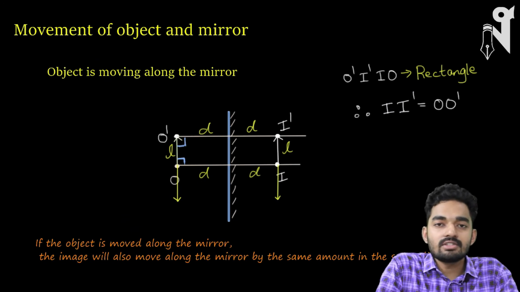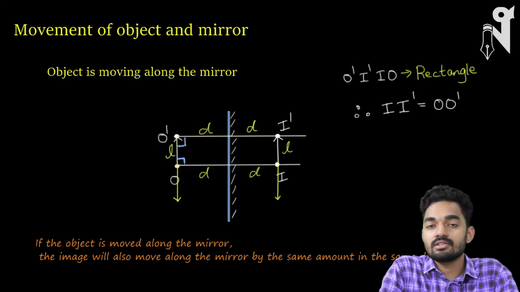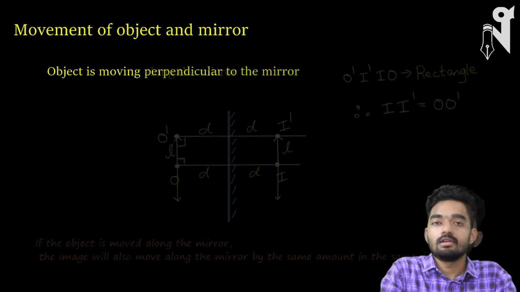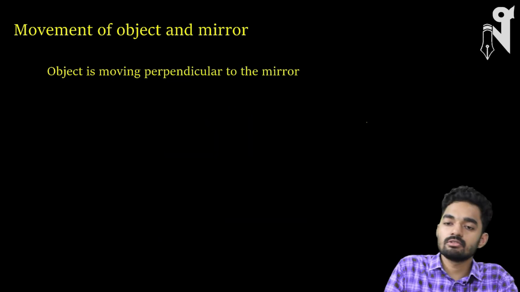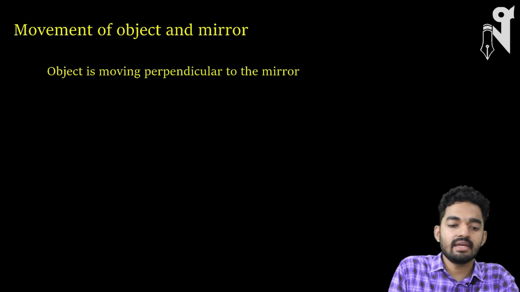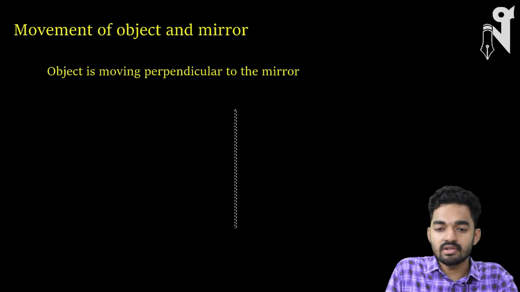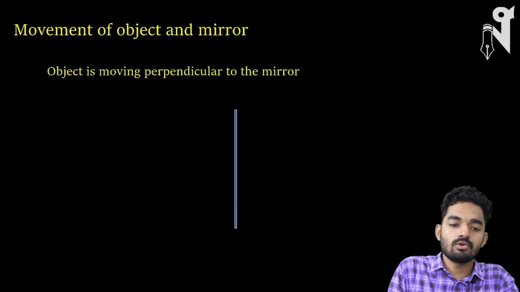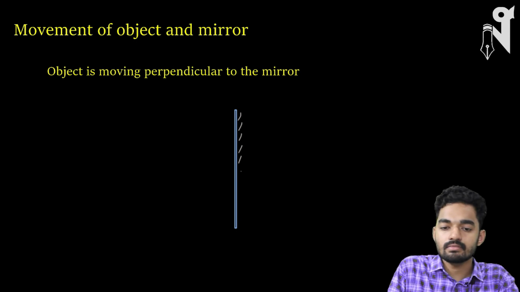So now let's look at the case where the object is moving perpendicular to the mirror. So the object is moving perpendicular to the mirror. So let me again draw the mirror like this, and let's coat it with silver on this side. Okay, so we have an object over here.